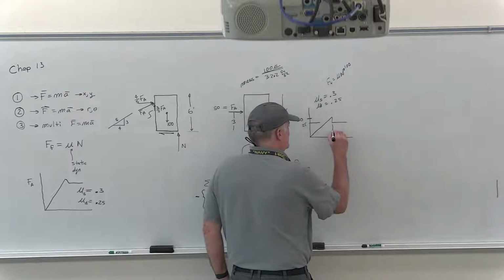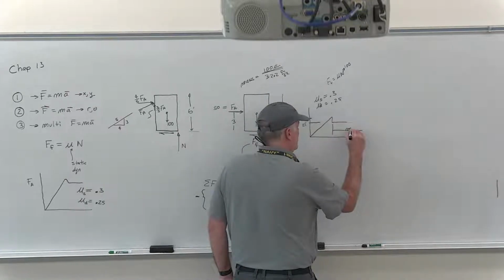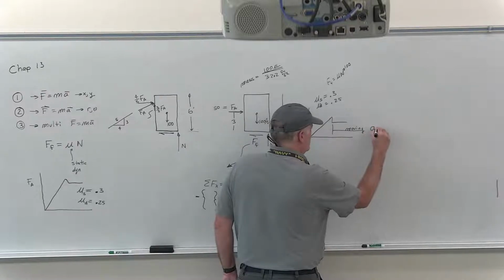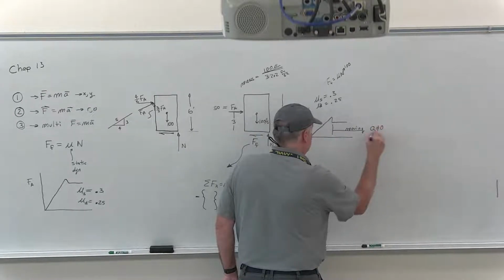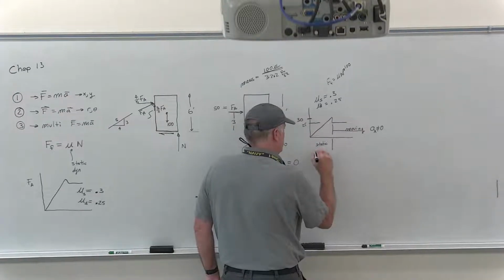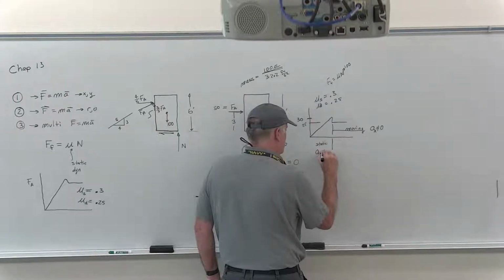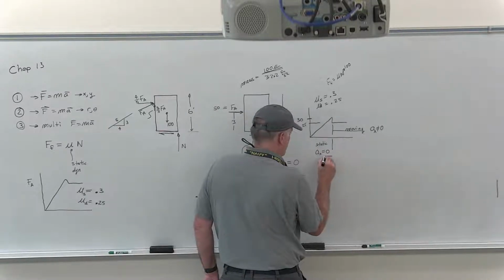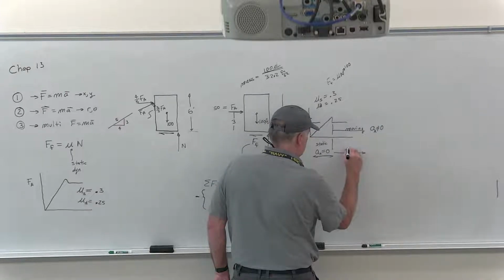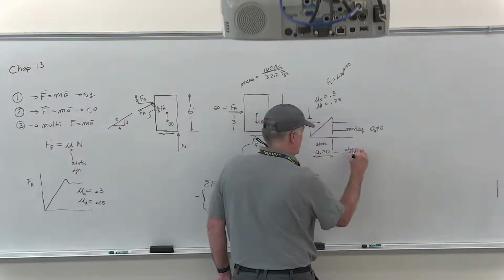I'll say this, moving, meaning the acceleration in x is not equal to 0. Static, meaning the acceleration of x is equal to 0. So right here is the static, and then over here is the dynamic. I should have said dynamic instead of moving.